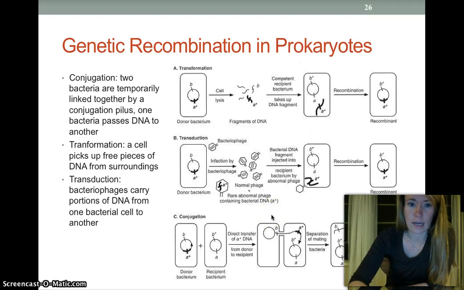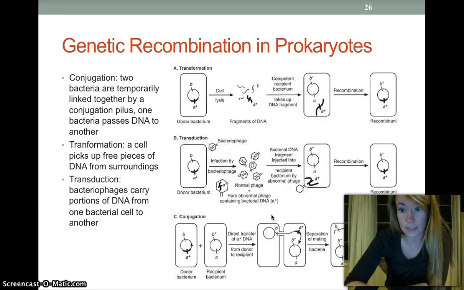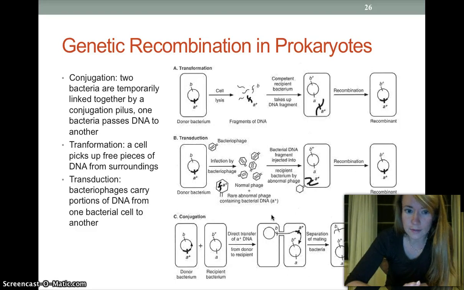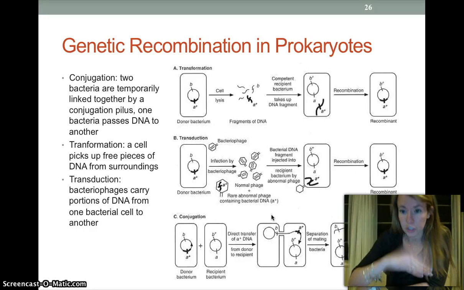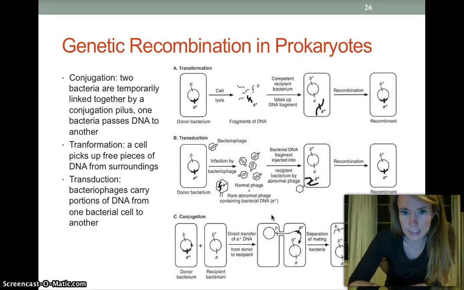Transduction is when a bacteriophage, so a virus that only infects bacteria, injects its DNA into the bacteria, and then the bacteria picks it up and uses it as part of its DNA. Now, often this would be a viral infection, and the bacteria would become a virus-making factory. But sometimes it's not always an infectious piece of DNA.